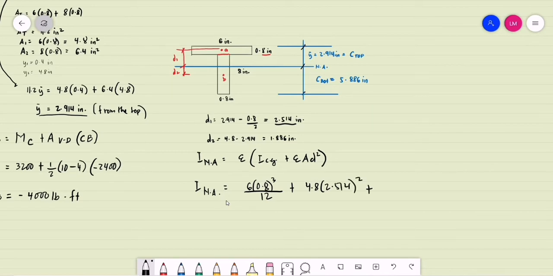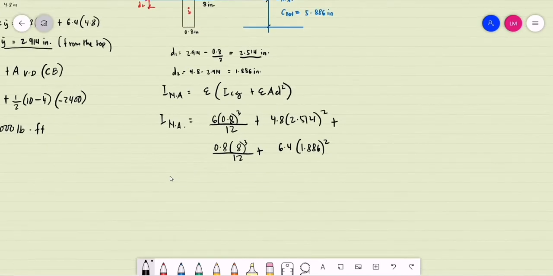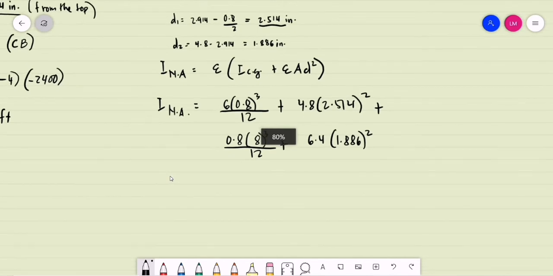And then plus, this is for the web. The base of the web, the horizontal dimension, is 0.8. Its height is 8 inches. This is cubed divided by 12. Plus its area is 6.4, multiplied by the distance of its centroid towards the neutral axis, 1.886 squared.